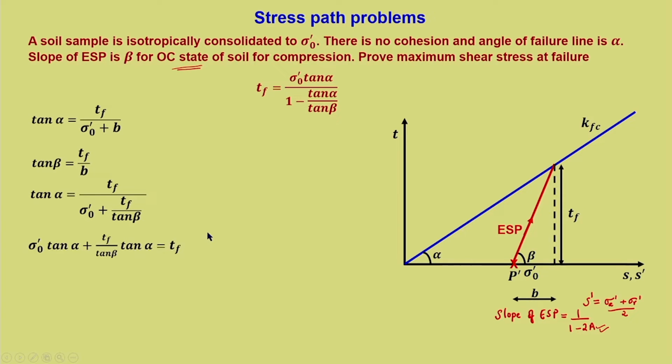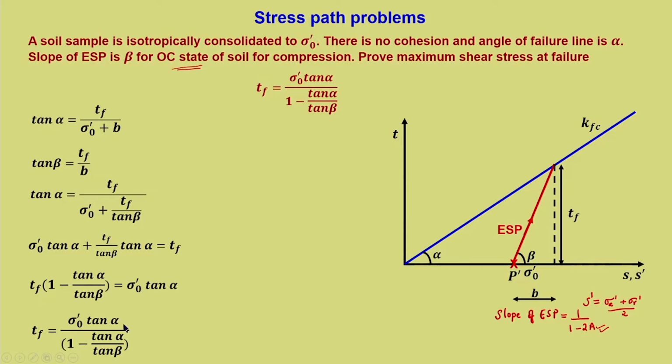Now, further rearranging, we have sigma naught dash tan alpha plus Tf by tan beta into tan alpha equal to Tf. Taking Tf to one side, you can write Tf, taking it outside, 1 minus tan alpha tan beta by tan beta, which is equal to sigma naught dash tan alpha.